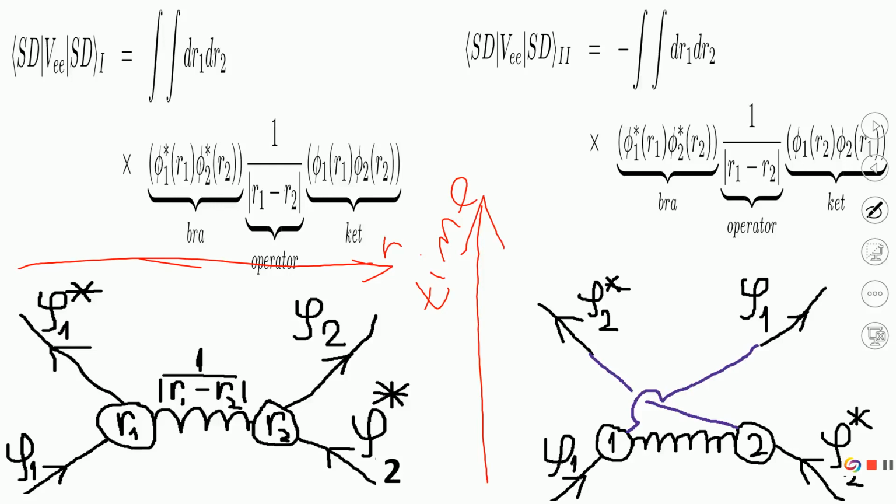So, originally, we have electron 1 at point 1, electron 2 at point 2. But after interaction, they swap the order. It looks like they come through each other, and at point 1 we have electron 2, and at point 2 we have electron 1.